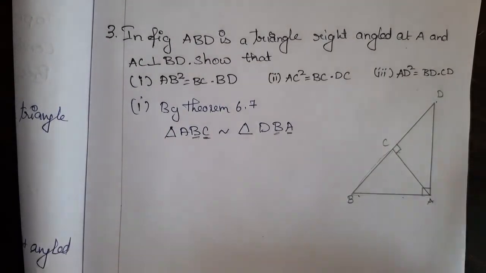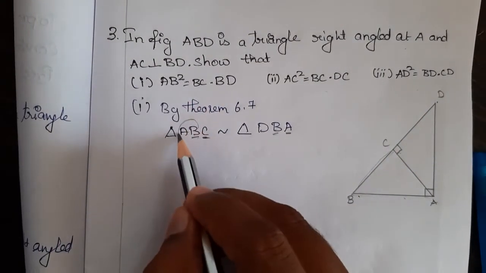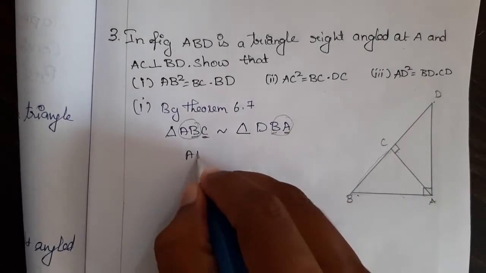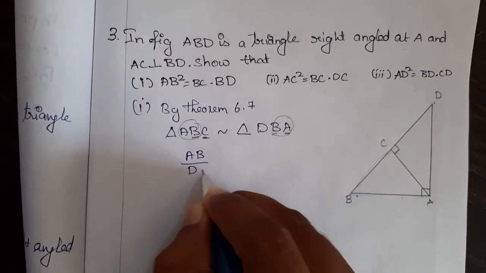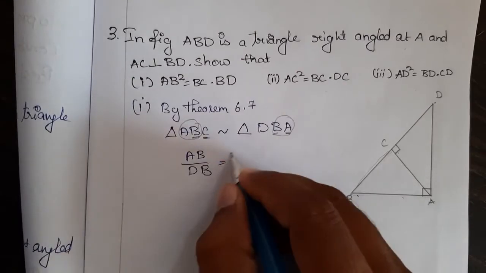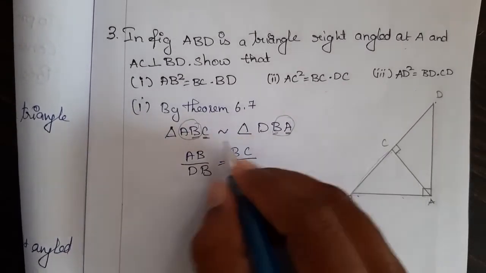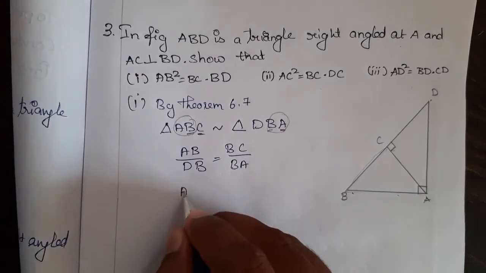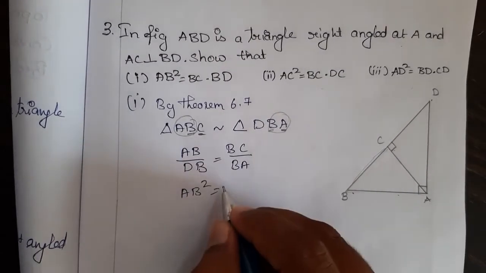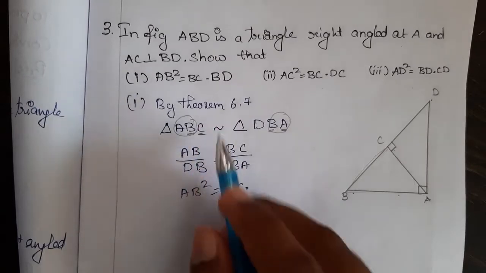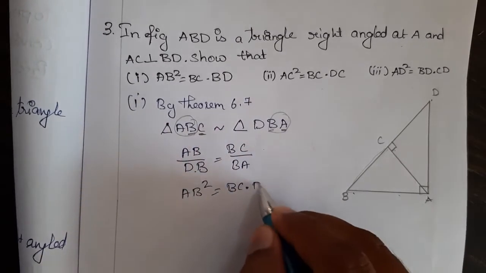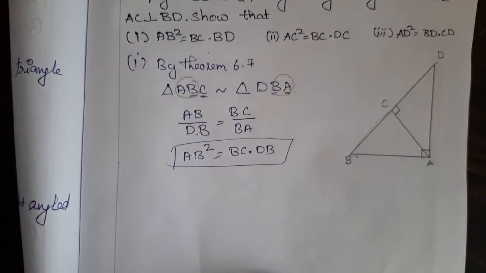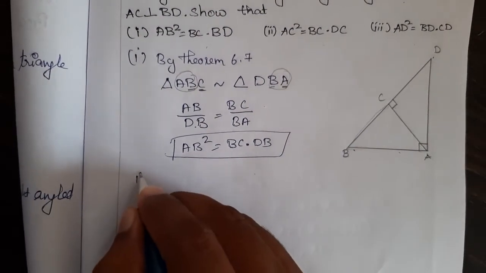So which two do we need? AB in both sides. So this is the AB and this is the AB, right? So AB by the first two is DB, which is equal to the last two, BC by BA. So if you take AB into AB it is AB square, which is equal to BC into DB. So that is what we have to prove for the first case, and next we will go for the second one.